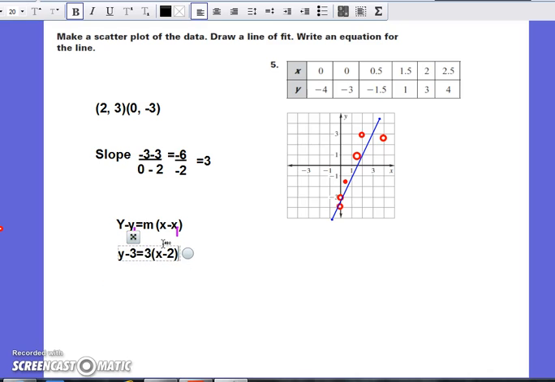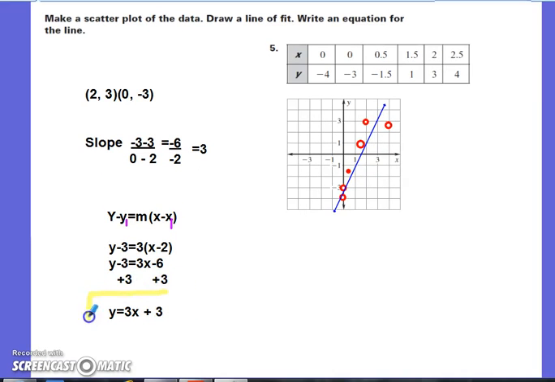We're going to distribute to get y minus 3 equals 3x minus 6. So I'm going to add this 3 to both sides. And our equation is y equals 3x plus 3. This is your equation. Line of best fit.